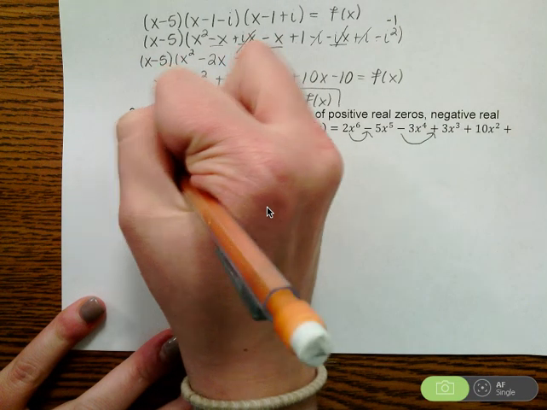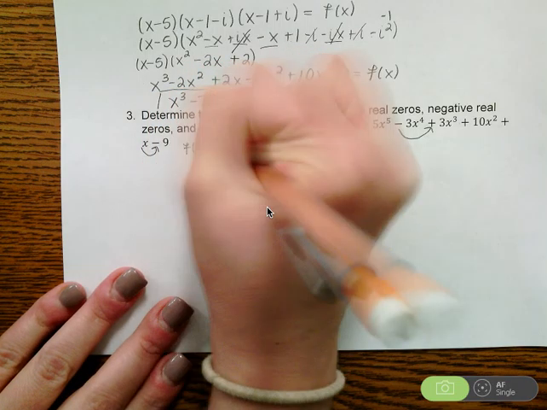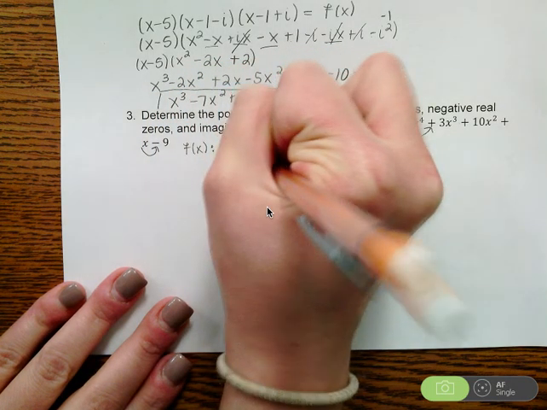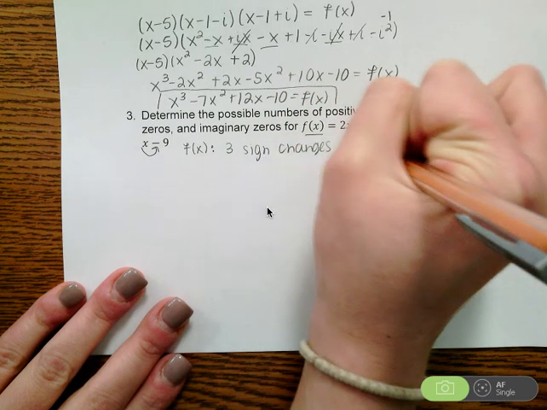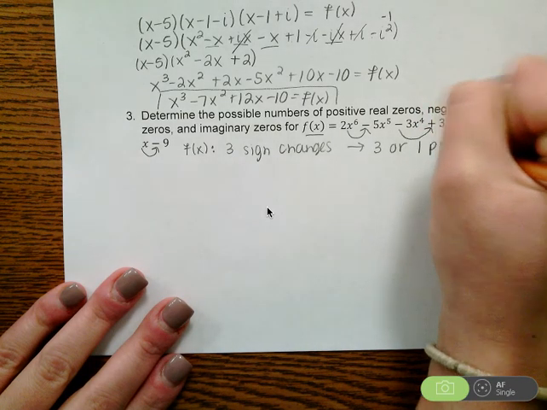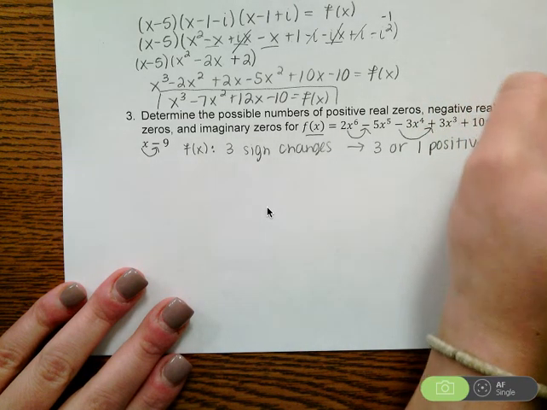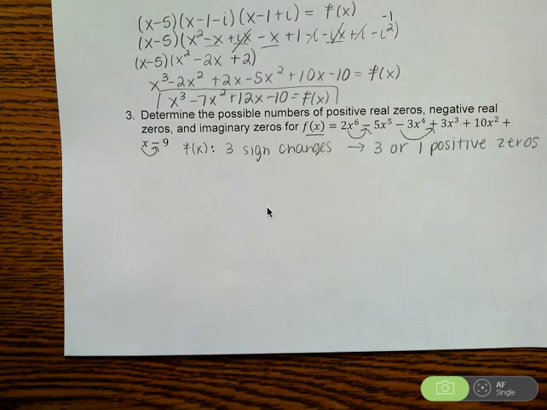And we've got a sign change here, that's 3. Okay, so for f of x, you have 3 sign changes, which means that you have 3 or 1 positive zeros. Okay, and the details on that theorem can be found in your notes. Okay, I'm not going to go into it here because that's not what this video is for. But you can have 3 or 1 positive zeros.